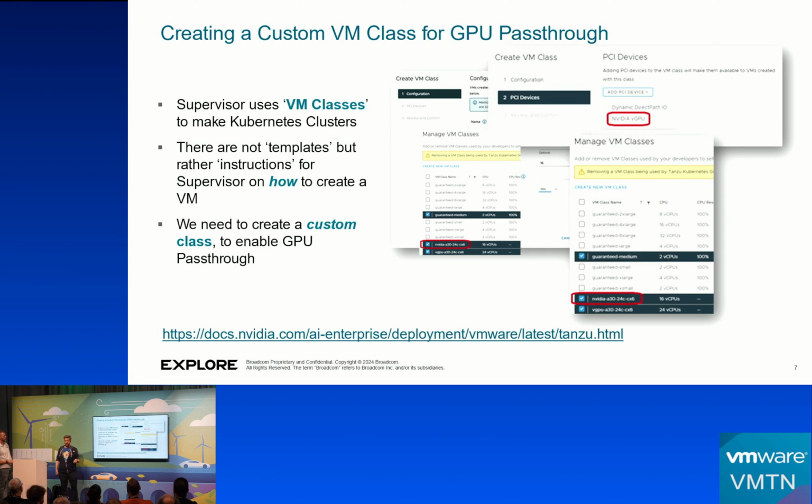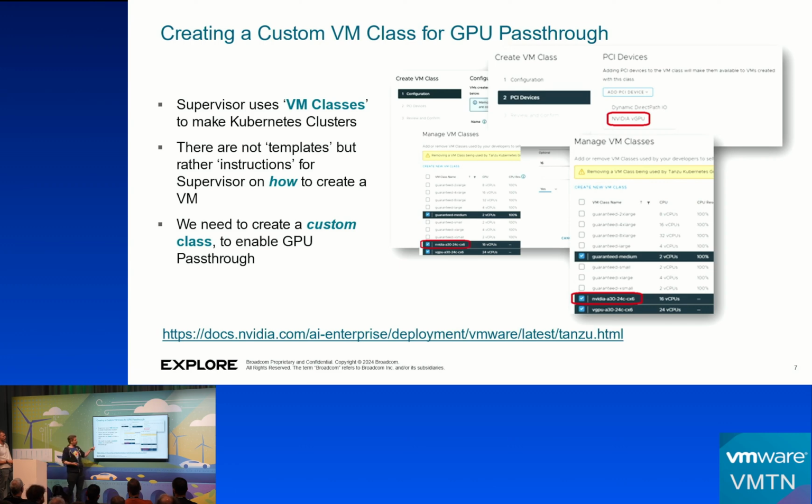There is really just one little specific thing you need to customize for the GPU, and anyone who's done GPUs on VMs before will probably recognize this. We need to create a VM that enables GPU pass-through. In Supervisor, this thing is spitting out whole Kubernetes clusters. It's building the VMs for us based on a template, and then applying a configuration.